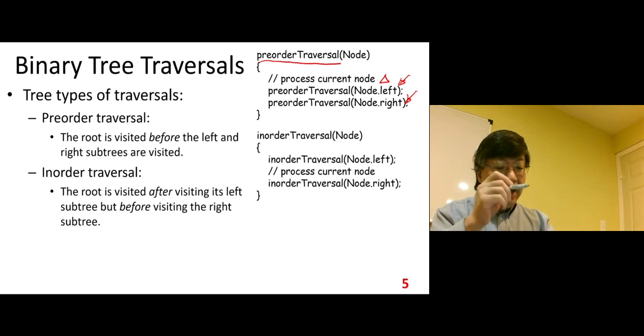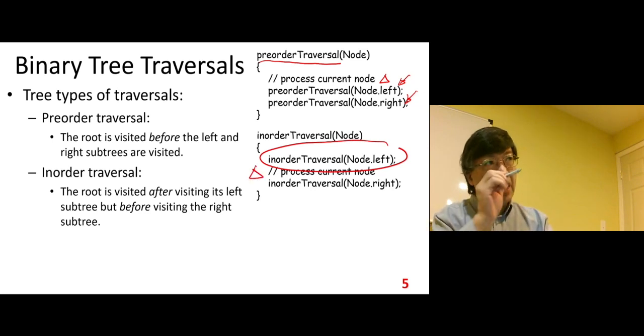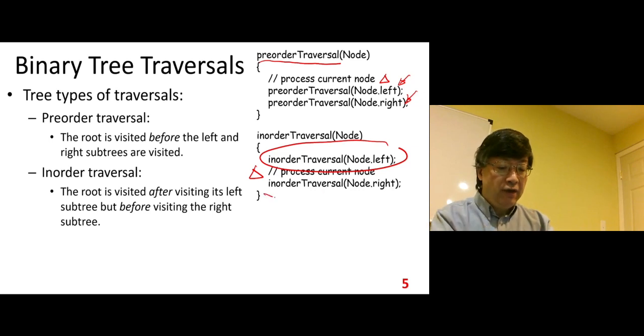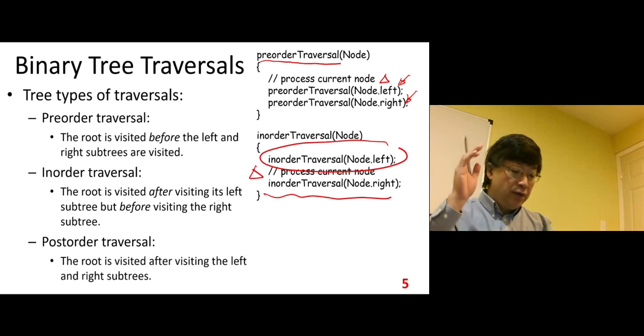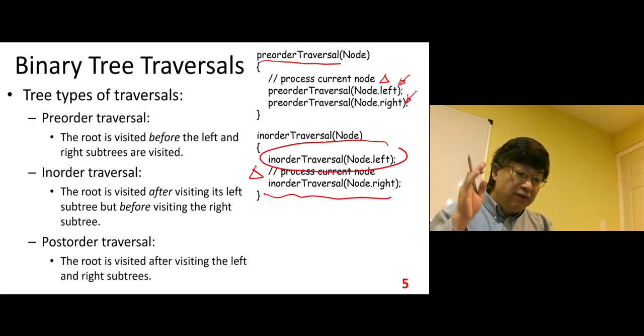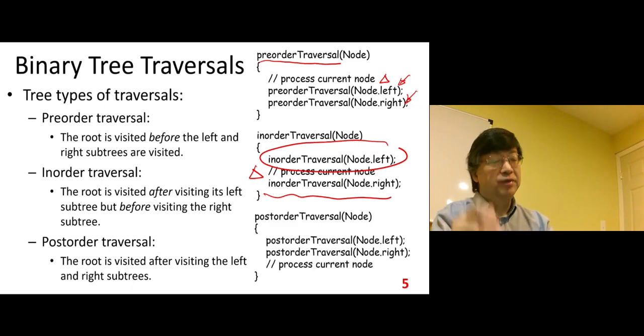So in in-order traversal, we visit the left subtree first, then process the root node or current node, and finally the right subtree. That's straightforward. The last one, post-order traversal: the root is visited after visiting the left and the right subtrees. Just like this.